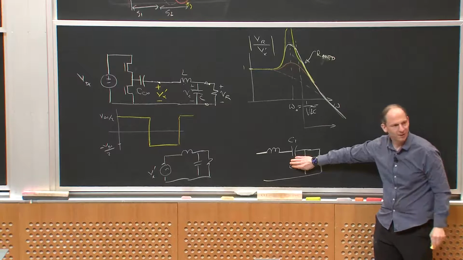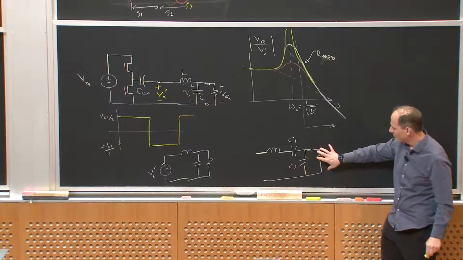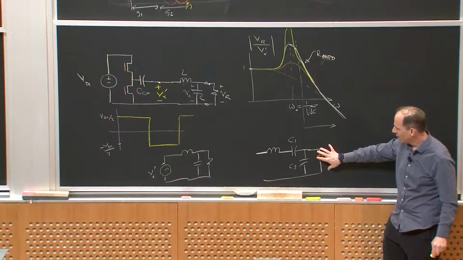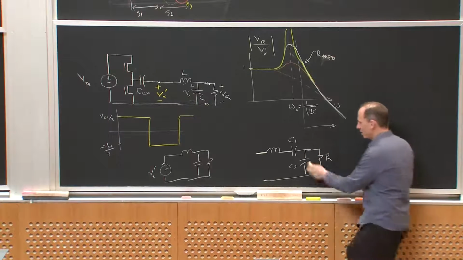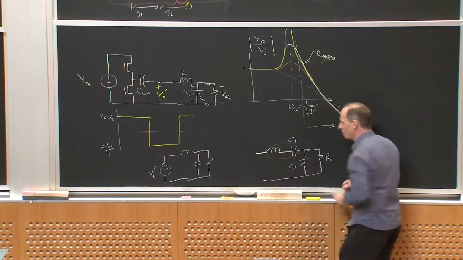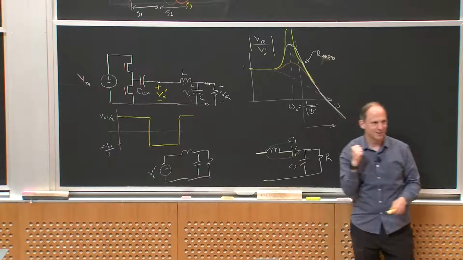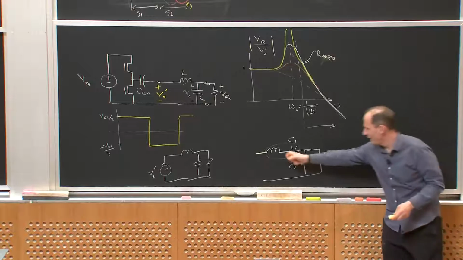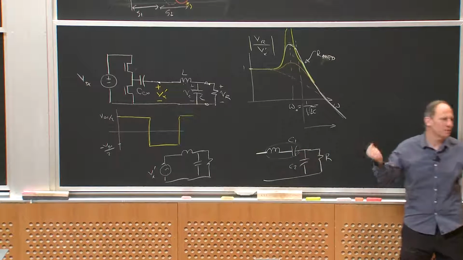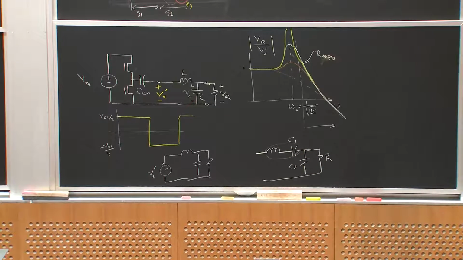It looks like a parallel resonant network. If R is really big, and I run to a high enough frequency, this branch looks sort of inductive when I'm above this resonance, and then I have the equivalent of a parallel resonant network. This would be called an LCC, or a series parallel resonant network.